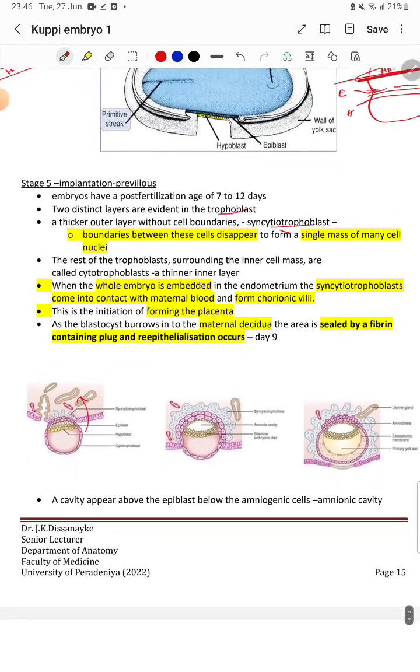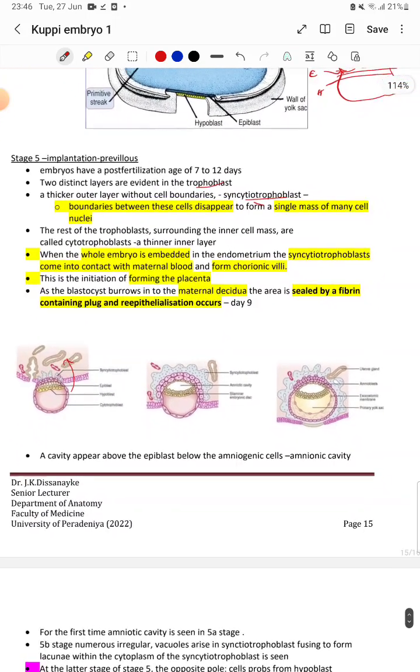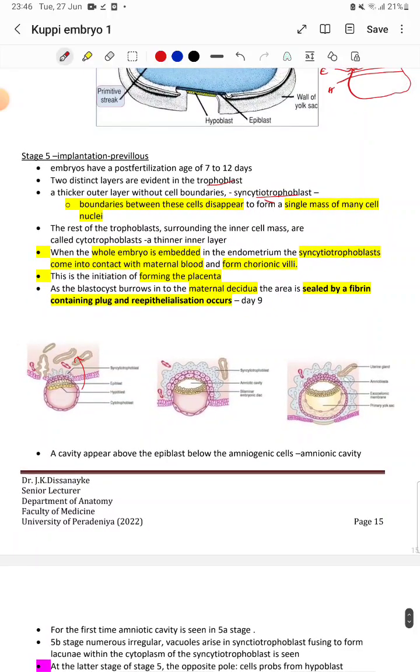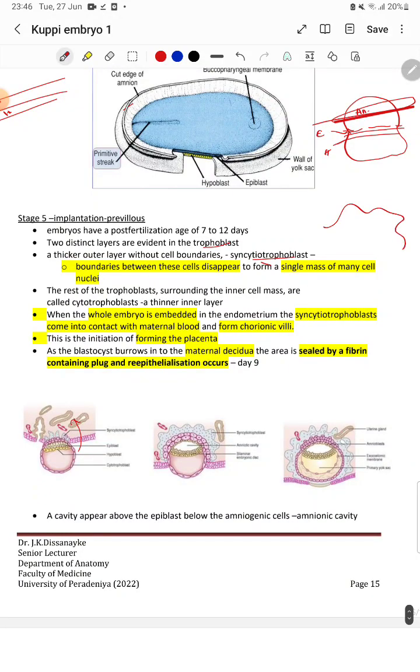So when the whole embryo is embedded in the endometrium, the syncytiotrophoblast will come into contact. In terms of function, the syncytiotrophoblast is what helps invade into the maternal blood. This one has enzymes and all sorts of things.